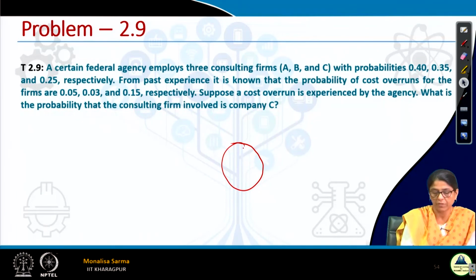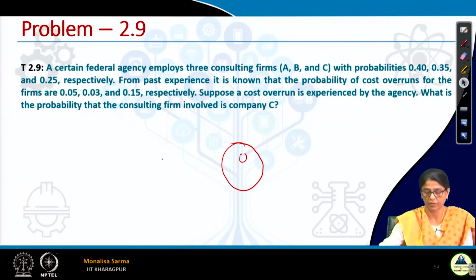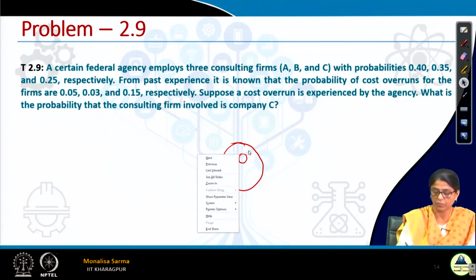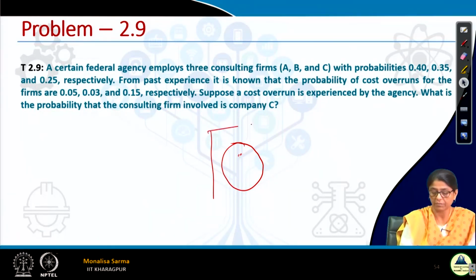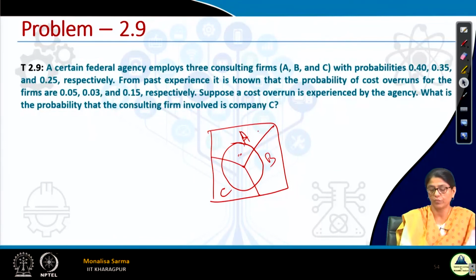So, maybe overrun, I can say it is, let me take it as O. Then the universal sample space, there are 3, that is A, B and C. A is 0.40, B is 0.35, C is 0.25, and the intersection of A and O is 0.05, intersection of B and O is 0.03, intersection of C and O is 0.15.